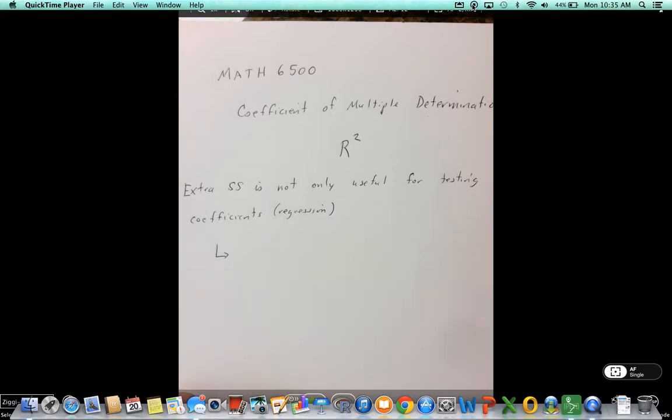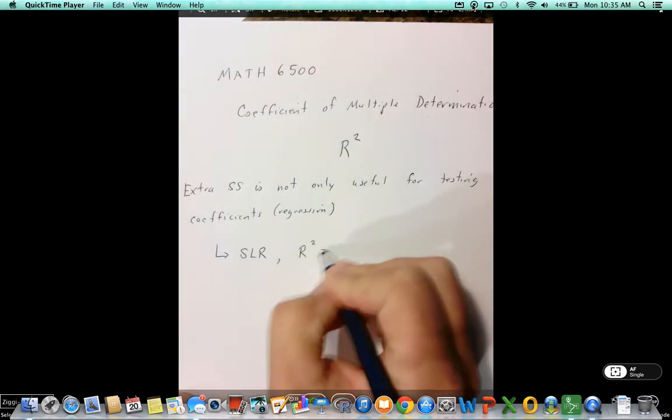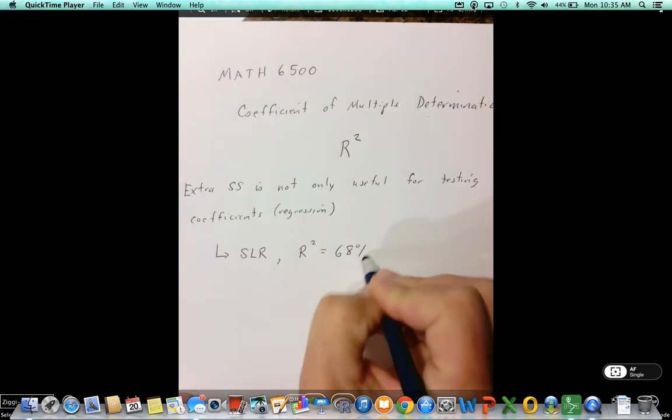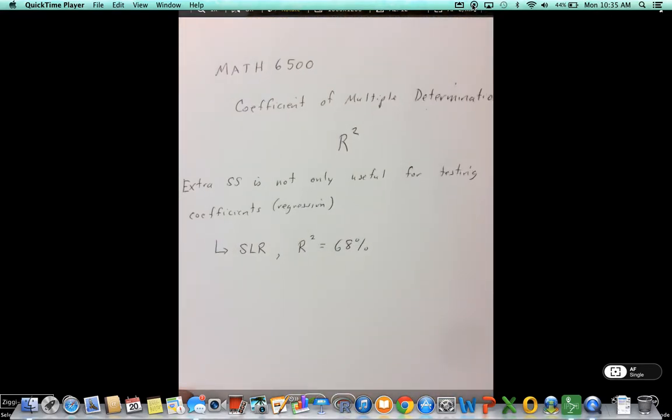Let's think about the simple linear regression model, and let's say, for example, that we get an R squared equals 68%. Now, guys, again, simple linear regression model. We're just talking about we have one predictor, x1, on some dependent variable y.